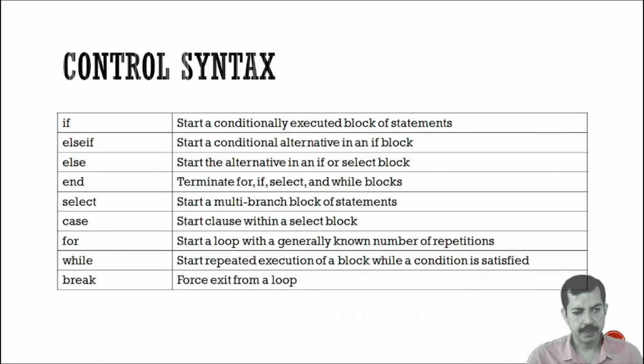Some control statements are if, else if, then select, then for and while. These are loops. Suppose you want to stop the looping, then you can use the command break.